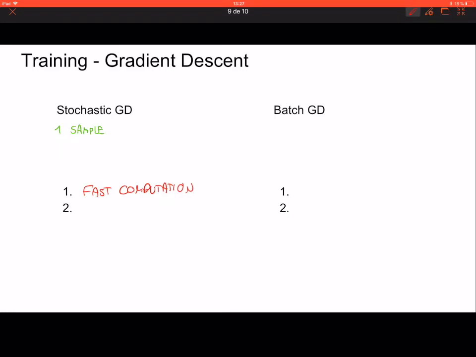I essentially just need to forward propagate that sample, calculate the error, and then use that error to update my weights, using the analytical gradient expressions that we have from the backpropagation algorithm. I can estimate the gradients based on that error, and then update my weights. So this is fast to compute, but the problem is that this is high variance.